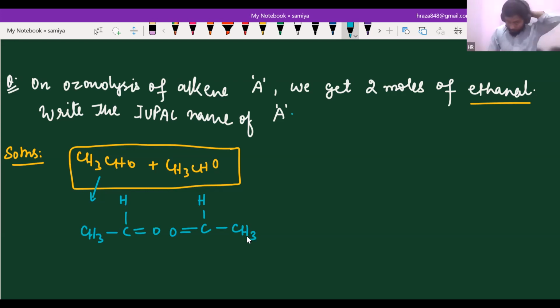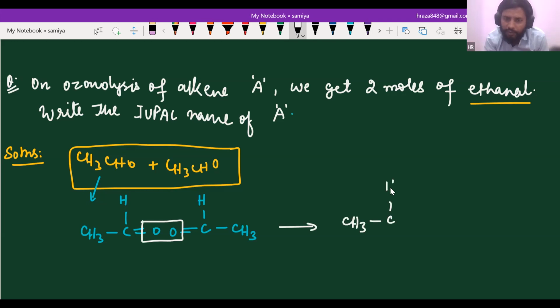Are you getting my point? Yes, sir. The double bond O should be on the same side. Then just remove this O2 and the bond should be like this. This was like this, then H was there, and now just add this double bond between the two C's and O2 will be evolved.